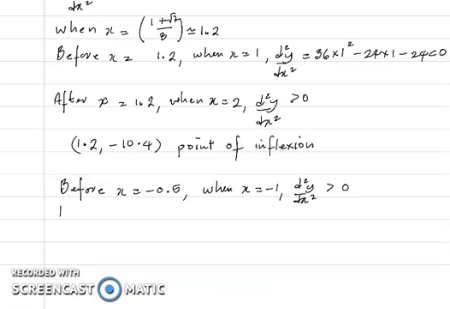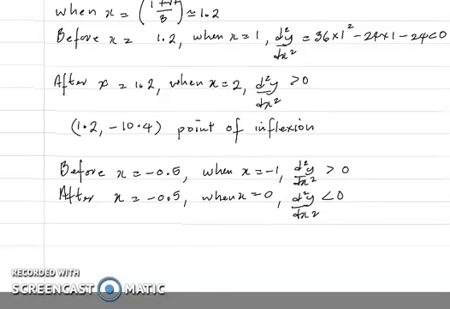And after x is equal to minus 0.5, for example, when x is equal to 0, d2y by dx squared was less than 0. This is already done.